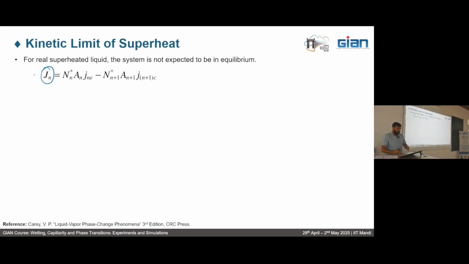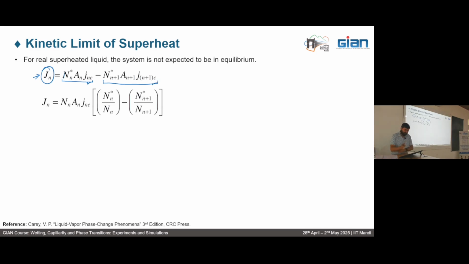Jn can be defined as N star n An Jn e, where this represents from how many embryos the evaporation is taking place, and n plus 1 here represents from how many interfaces the condensation is occurring, so that the bubble is again increasing in size. Their difference tells us how much excess of molecules we have from n to n plus 1, and from n plus 1 to n, in terms of both evaporation and condensation respectively.